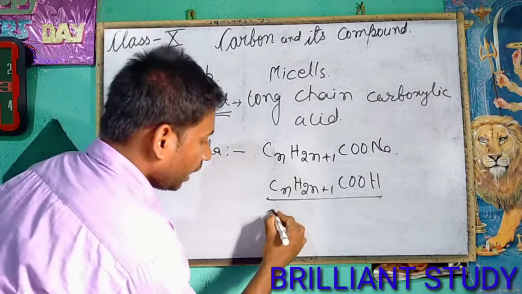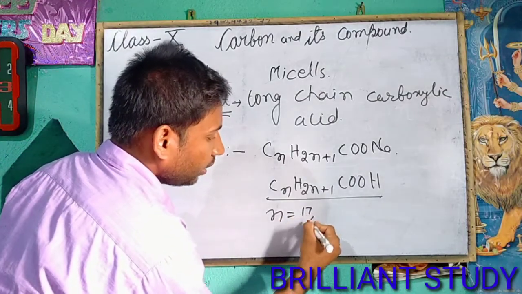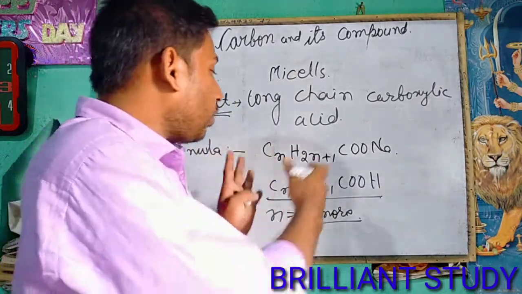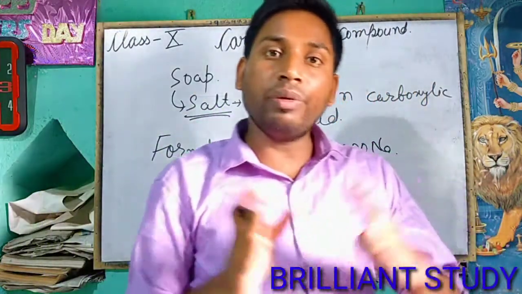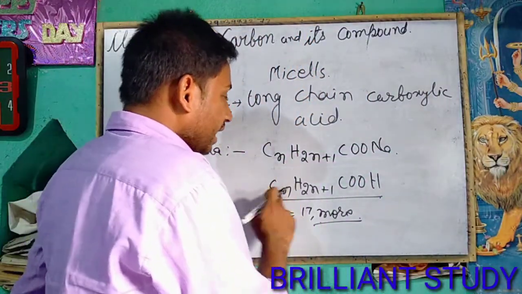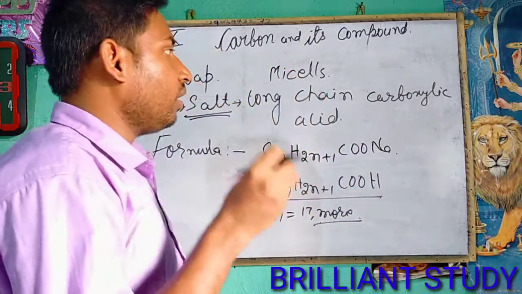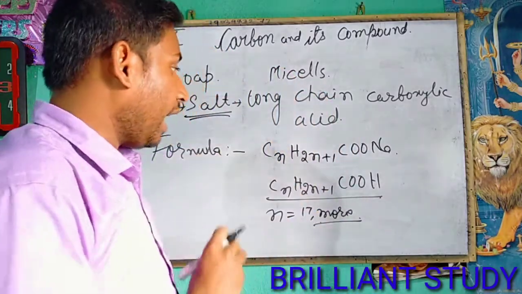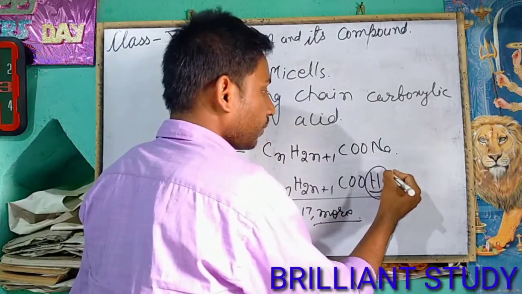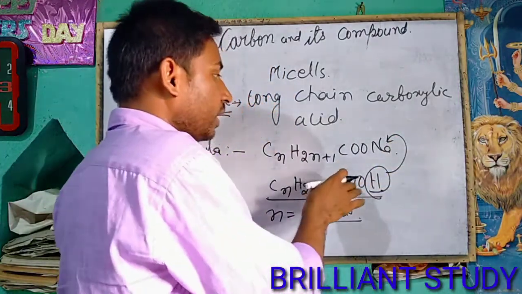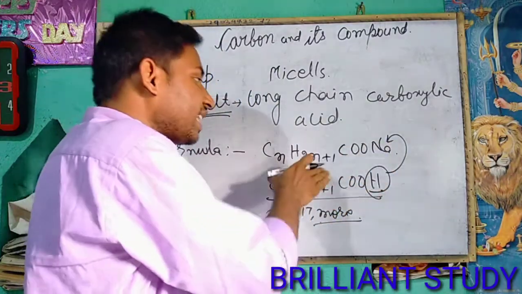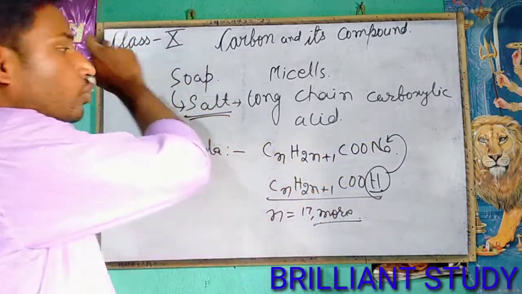If n is 17 or more than 17, then the chain of the carboxylic acid will be very long. So in this case, the acid is called a long chain carboxylic acid. And if sodium is kept in the place of hydrogen, it will be the salt of a long chain carboxylic acid. That is the formula of soap.